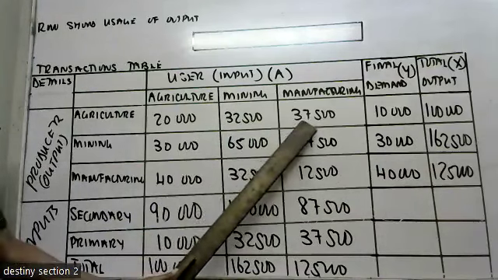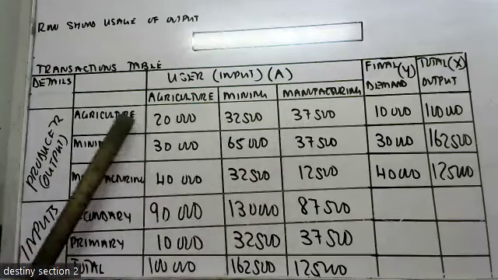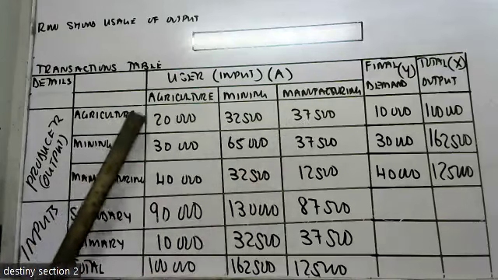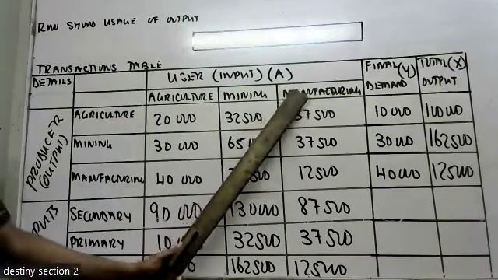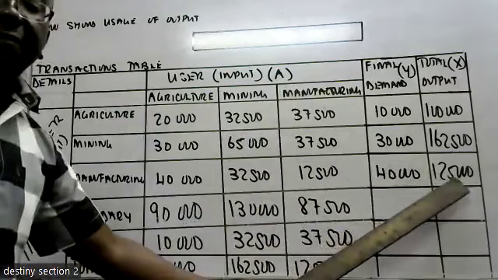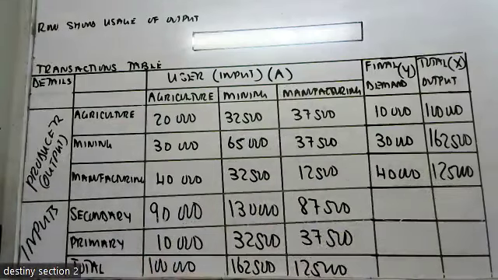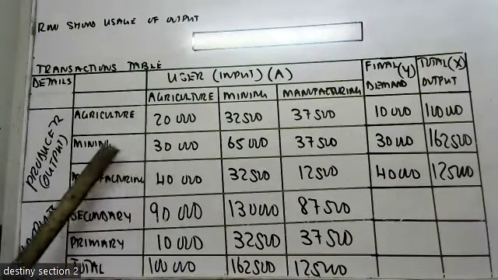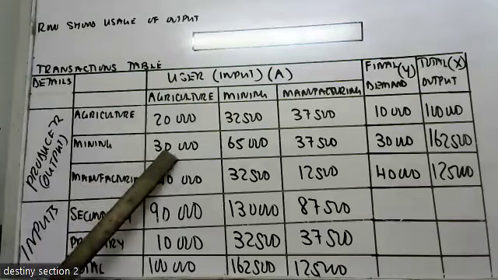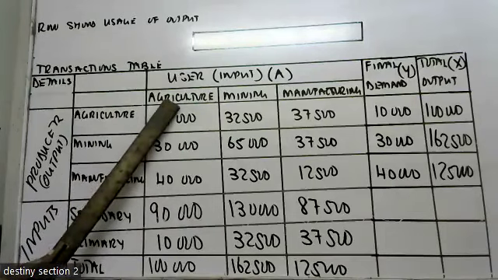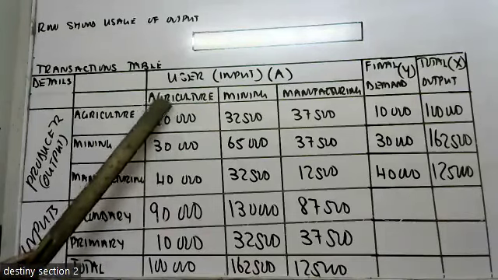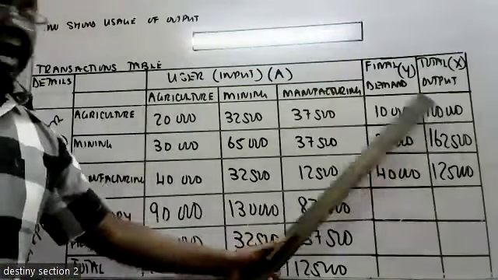This 37,500 is the output from agriculture that is used by manufacturing so that manufacturing can make 125,000. Let us interpret the second one. Mining. This 30,000 is the output from mining that is used by agriculture so that agriculture can make what? 100,000.